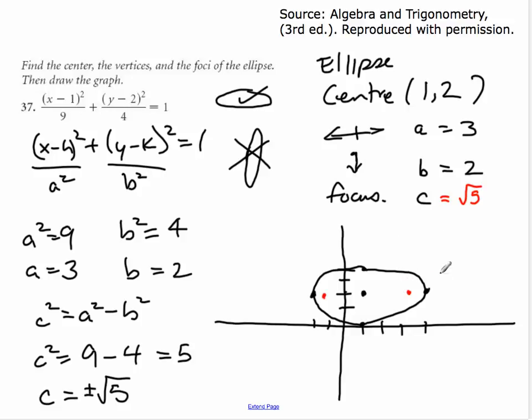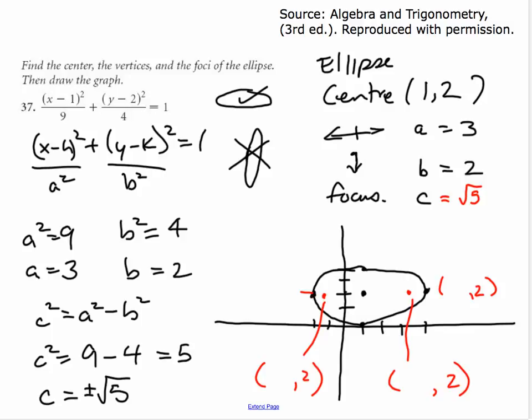I probably need to identify what all those points are too. Our center is 1, 2. So let's figure out what this point is. It's at the same height, so it's got to be something and 2. This focus point would have to be something and 2.